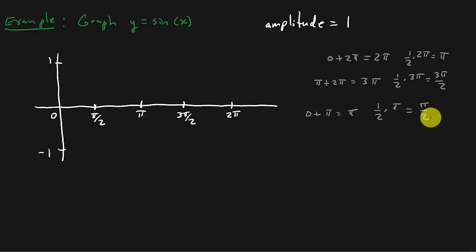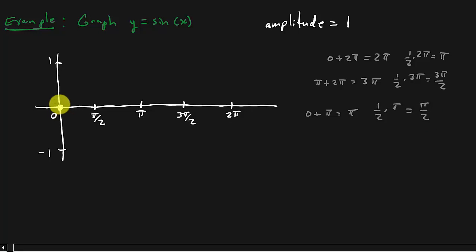So now, all you have to do is remember the basic graph of sine. Sine starts out at 0, then it goes to its maximum value, then it goes back to 0, then it goes to its minimum value, and then it goes back to 0. That's sine every time.